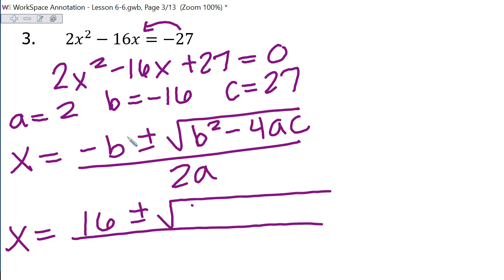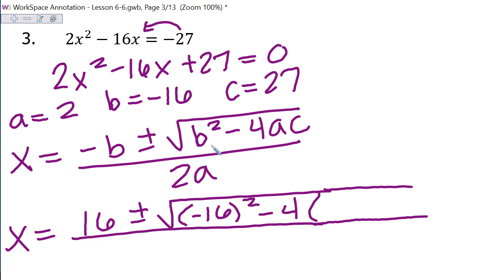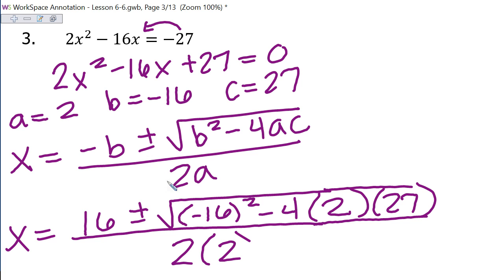If it's negative, you have to put parentheses around it. So the negative 16 needs to be squared minus 4. And what does AC mean? Multiply. So the minus 4 needs to be multiplied by 2 and 27. And then in the denominator, we'll have 2 times A, so this would be 2 times 2.